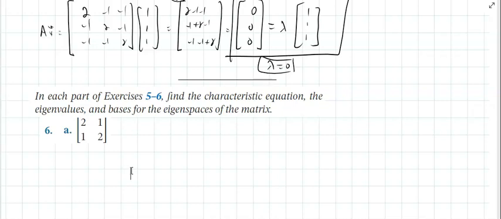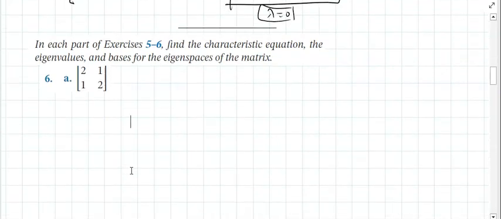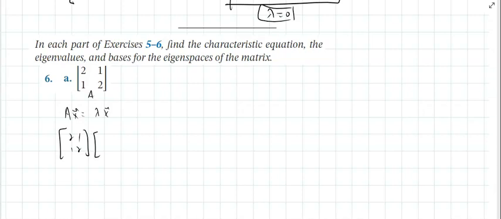Initially, we were supposed to say, and I'm going to do this the long way, this is matrix A, take AX and set it equal to lambda x. And that's going to be 2, 1, 1, 2 times x1, x2. That's not how we're going to do it. We're going to do it using the shortcut. But for now, let's do it the long way.